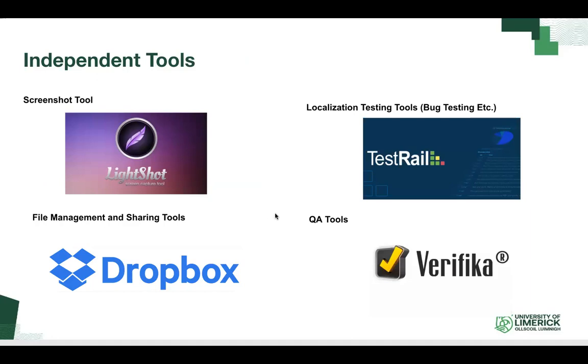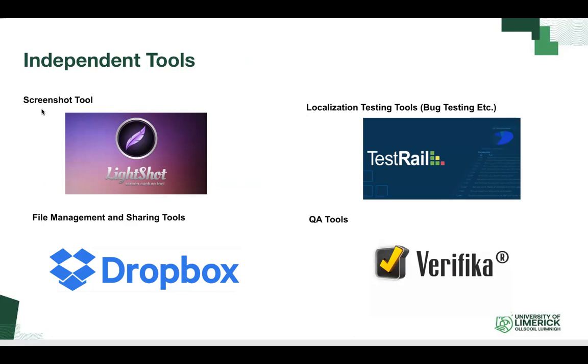Sometimes, of course, platform tools like Localize and MemoQ are enough. We can do most of the work with Localize, but we do need some independent tools to make our job perfect.